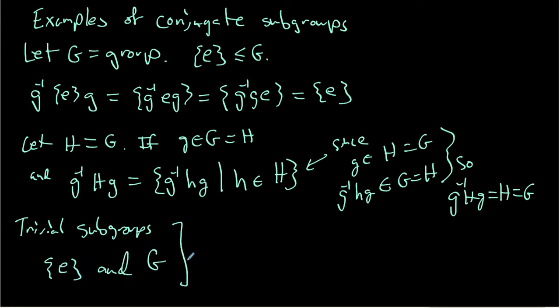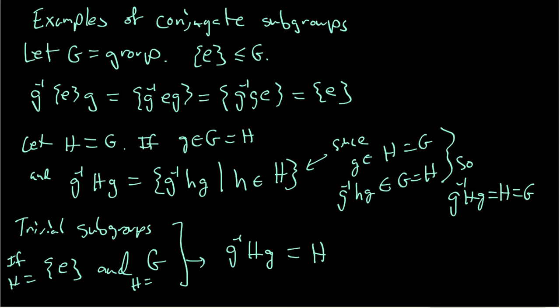The trivial subgroups have the property that any conjugate subgroup of them turns out to be just the subgroup. So if H is equal to this, or if H is equal to the whole group, then the conjugate subgroups are just the subgroup itself. There's nothing very interesting going on there.